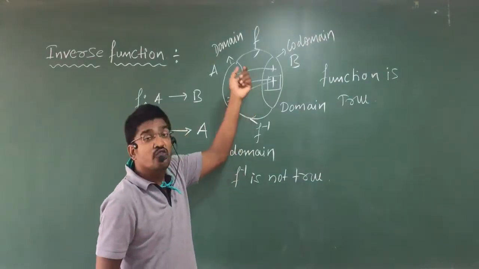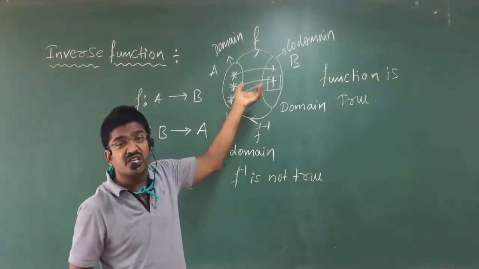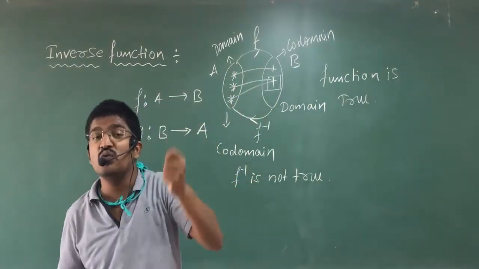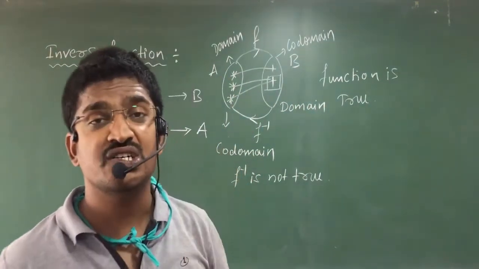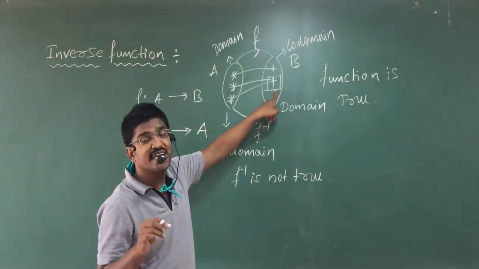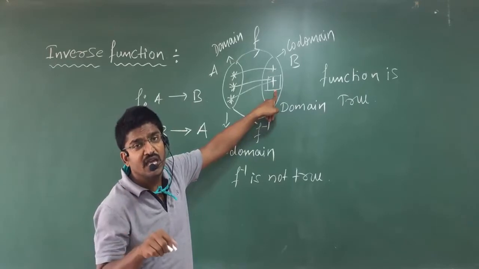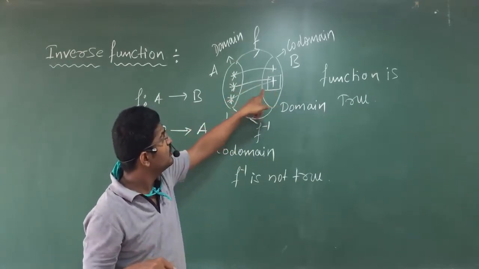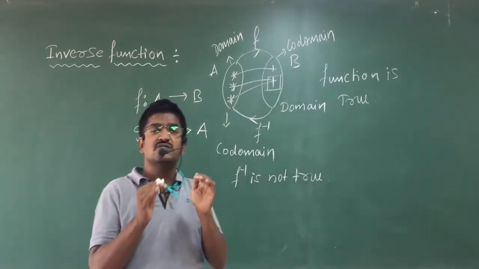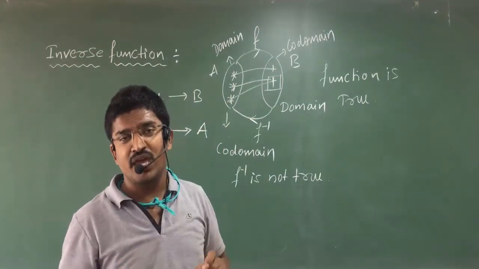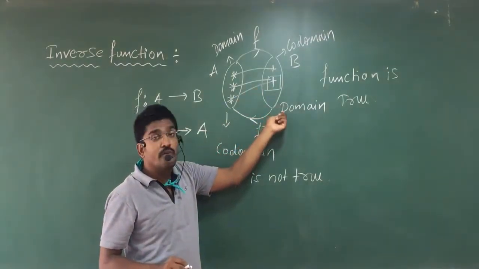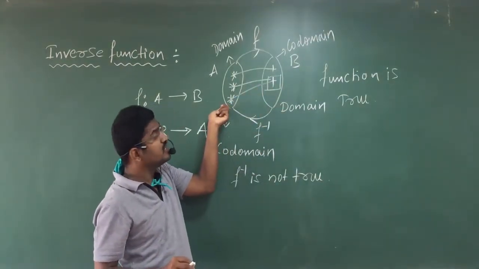This relation is a function, but this particular relation cannot give us an inverse function, because the elements of B are not having unique images from B to A. For the inverse function to exist, the same rule applies: the elements of the domain must have unique images in its codomain.